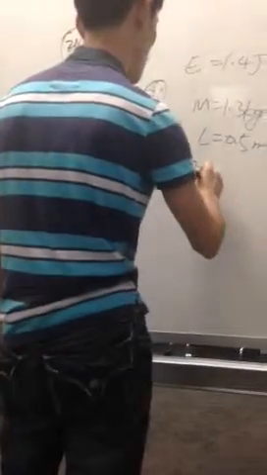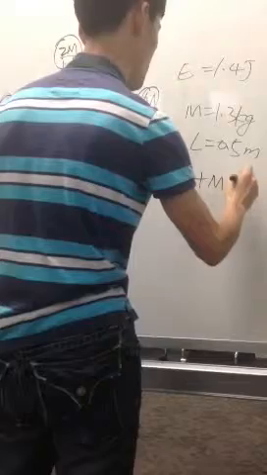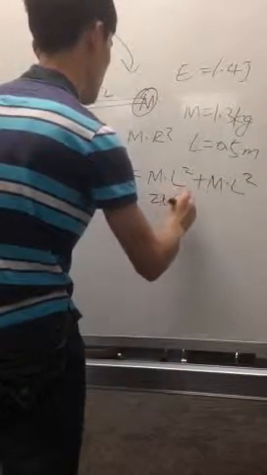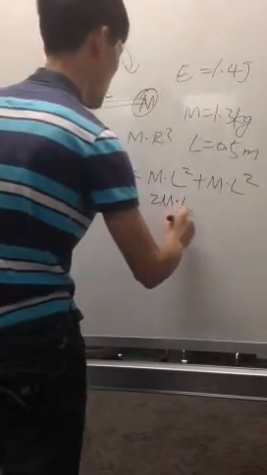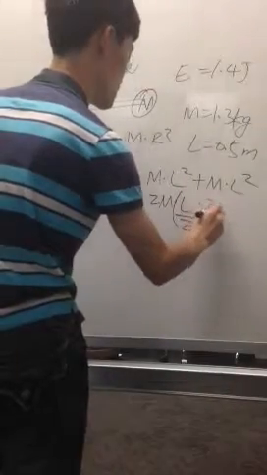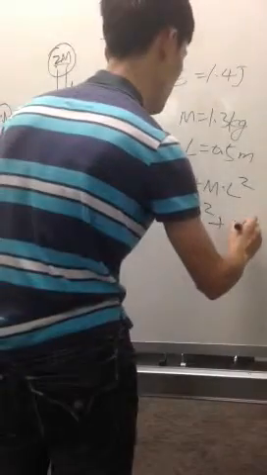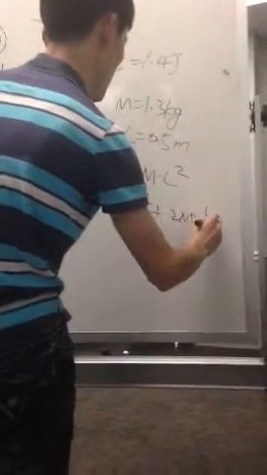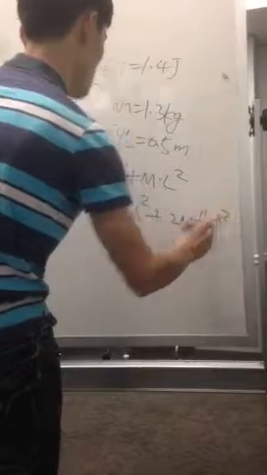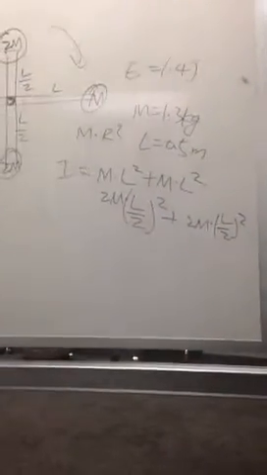And then this one will be the same thing. For this one is 2m times L over 2 squared plus this one is the same thing, 2m times L over 2 squared. So you understand here.